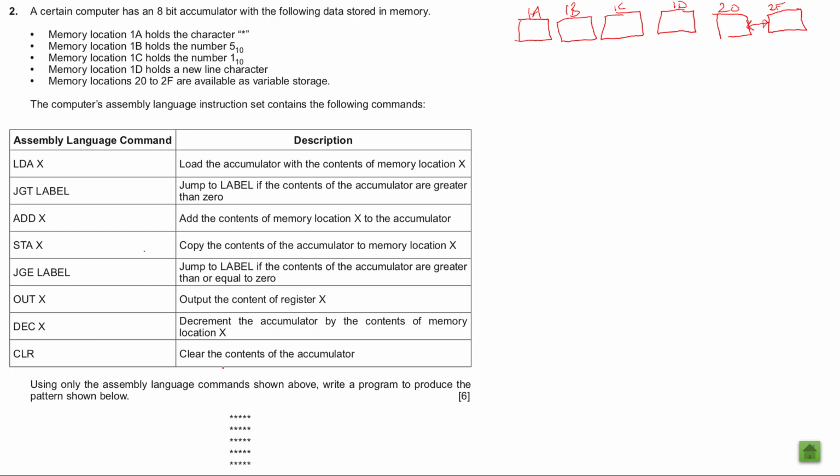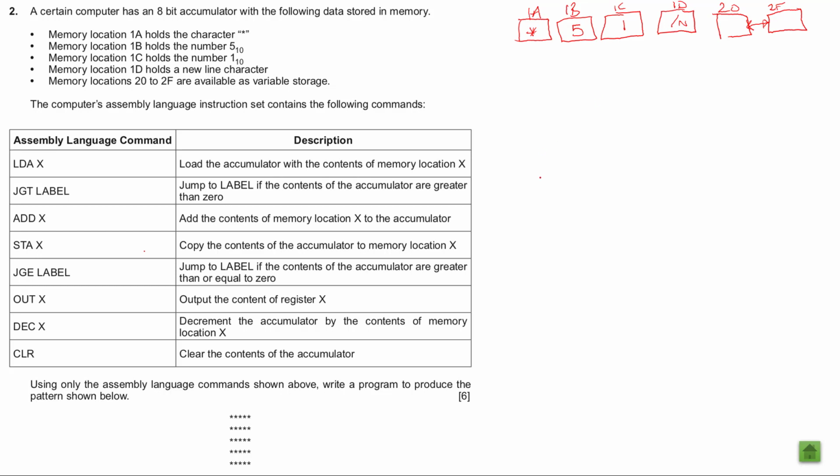Okay, now it says, using only the assembly language commands shown above, write a program to produce the pattern shown above. Now inside these, we've got characters like the asterisk, we've got a 5, we've got a 1 in 1C, and it holds a new line character, like /n or something, and then nothing in there.